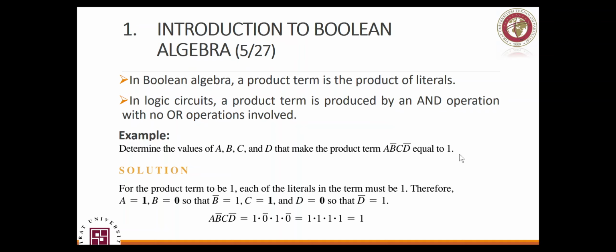In order for us to make this expression equal to 1, or the outcome equal to 1, we need to maintain 1 for all terms. We need to assign A 1, B we need to assign 0. Why? The complement of 0 is 1, C 1, D 0. So it will be 1 and 1 and 1 and 1. That's it. You will get 1 in the outcome. These are very simple, straightforward questions, just an application.